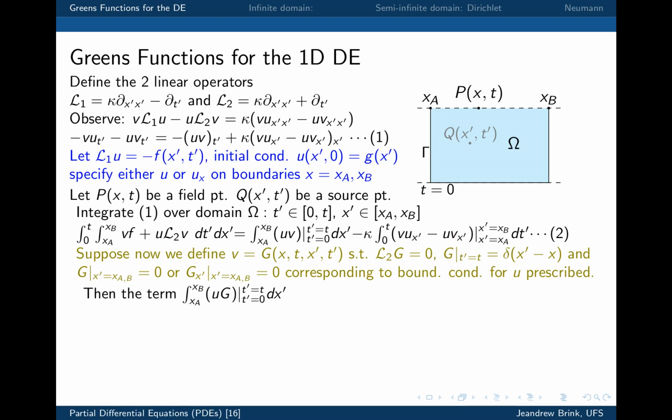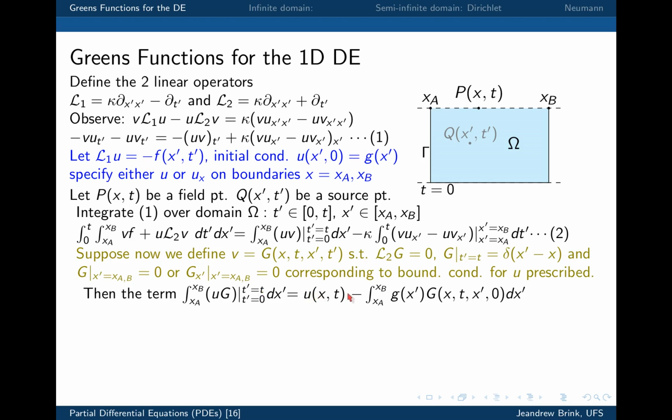And what we have now is just what I've said previously. This term is equal to this term, u times g at the different times. I'm just writing out what I've already said, is equal to the delta function at t prime equals t, and the delta function in x prime minus x.